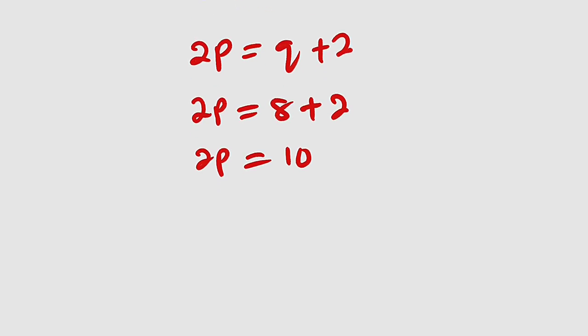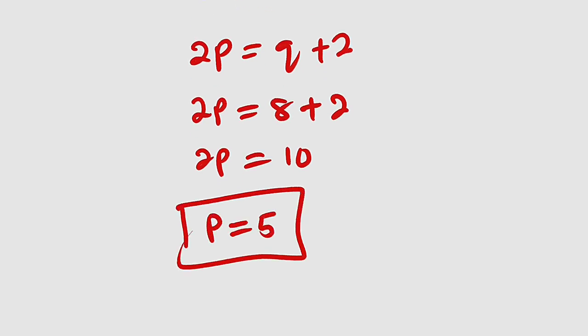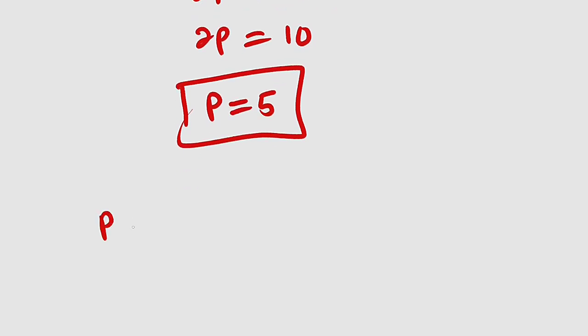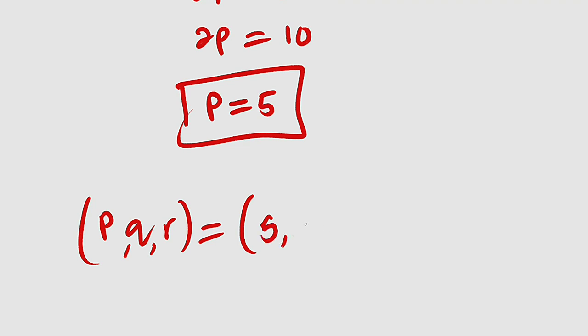If you divide both sides by 2, you have P equal to 5. And hence we have the values of P, Q, and R. Let us write them here: P, Q, R equals, for P we have 5, for Q we have 8, for R we have, is it 12? Yes, 12. And hence this is the solution to this problem.